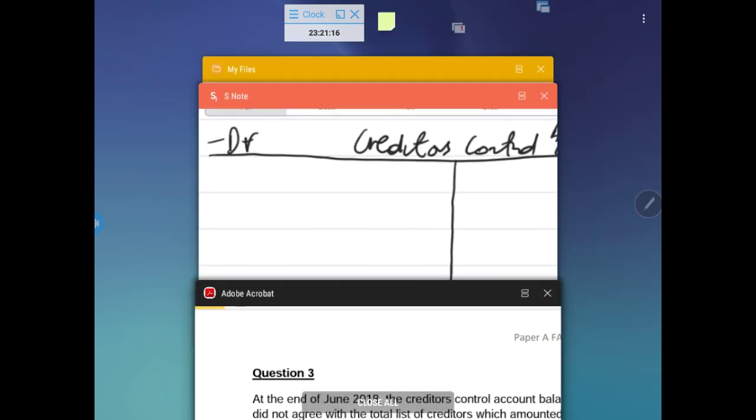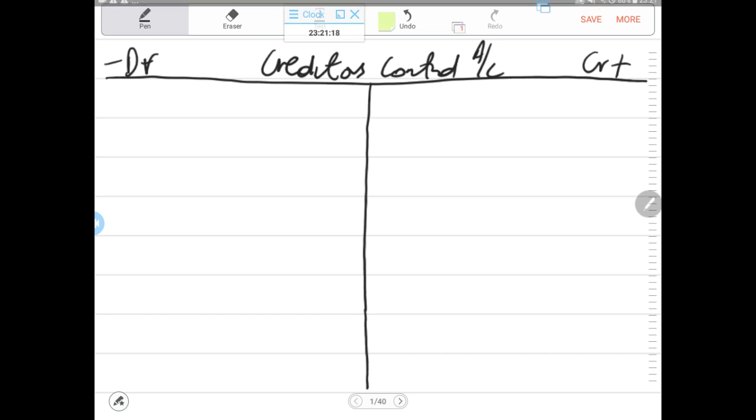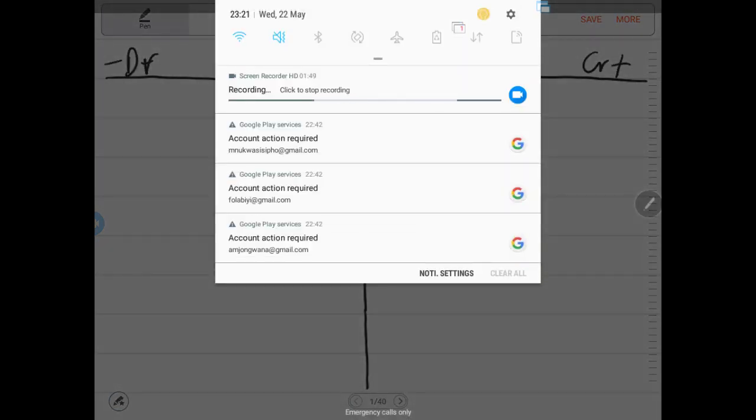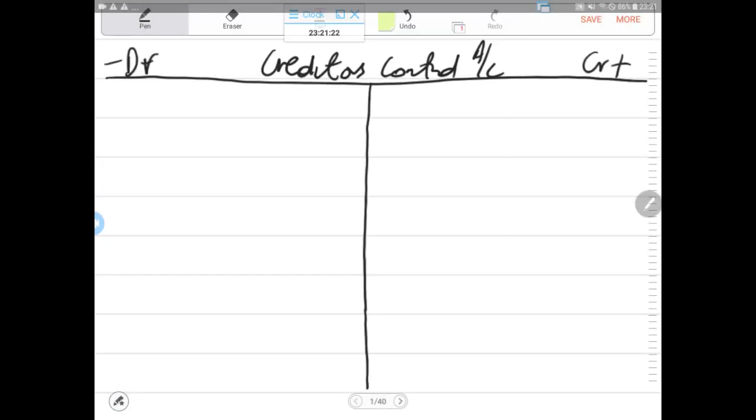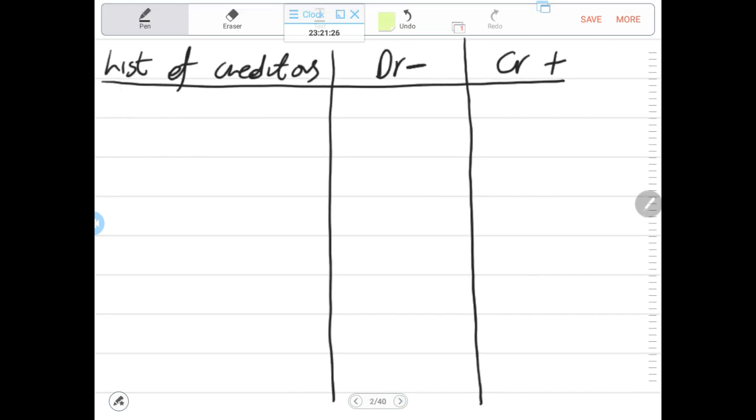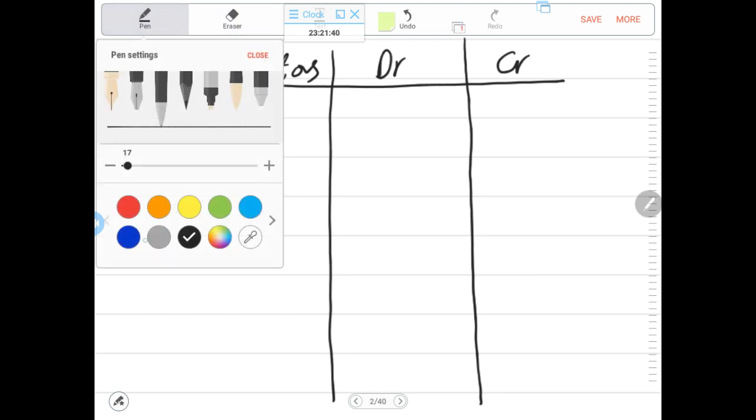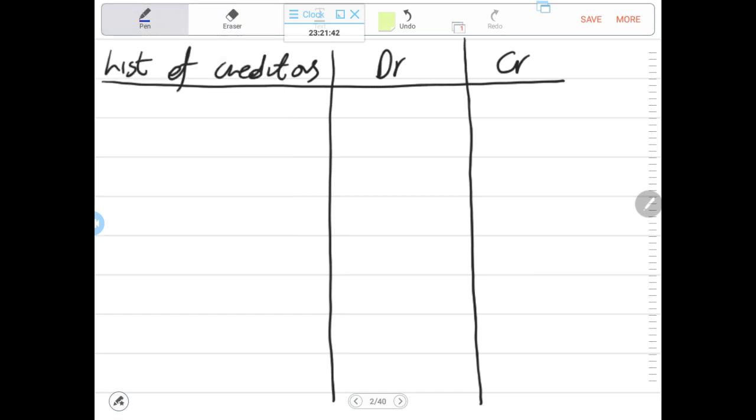Now I have already done the ledger account for us, the creditors control ledger account, and also the list of creditors. In the list of creditors, note that I'm using the debit and the credit side. I also want to emphasize the plus and the minus that I want to rewrite for you. We know that creditors, their liabilities, increase on the credit side.